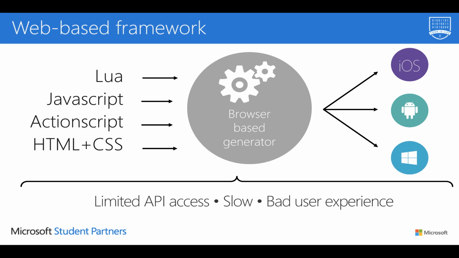It's really slow, just because these frameworks were using the approach of getting a wrapper of the platform-like style. They're not using the native controls of some operating system, either iOS, Android, or Windows Phone.